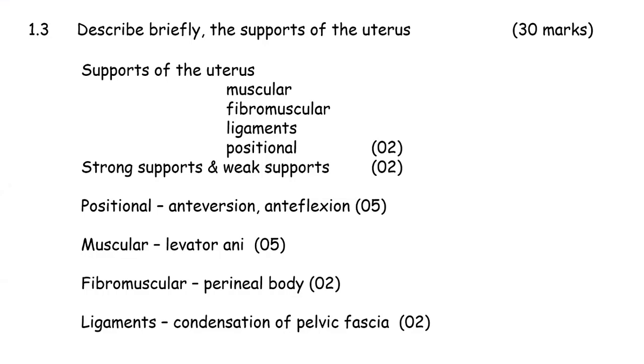So we have asked you to describe briefly the supports of the uterus, right? So there you can formulate your answer in any way you want, but highlighted here are the core content that we expect you to provide.